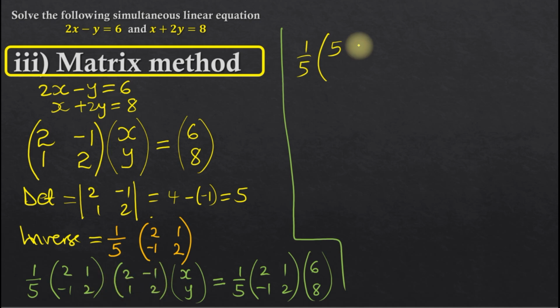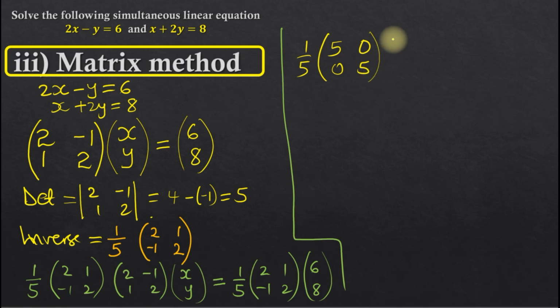So we end up getting 0. The other one is minus 1. So second row times first column, minus 1 times 2, that is minus 2, plus 2 times 1, that is 0. And the other one, second row times second column, minus 1 times minus 1, that is 1, plus 2 times 2, we get 5.